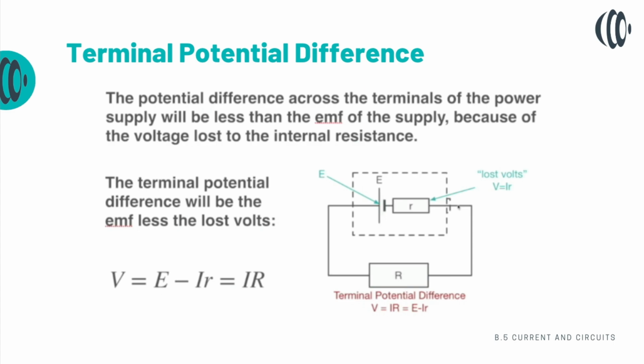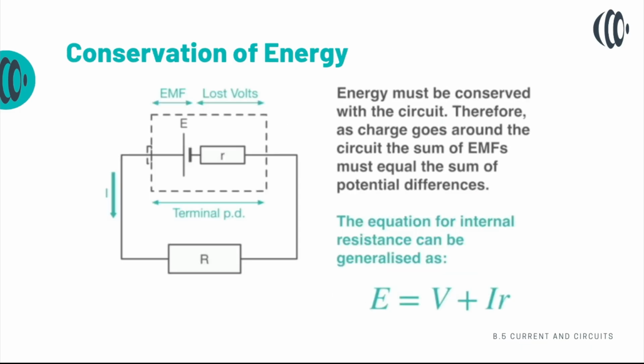So we can make up an equation that says V, which is the terminal potential difference, is equal to E, which is the energy going into the system, minus the lost volts in the internal resistor, which also equals IR. And that's born from the idea of the conservation of energy. Energy must be conserved within this circuit.